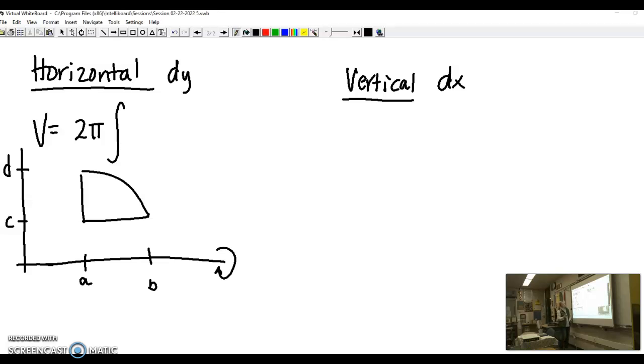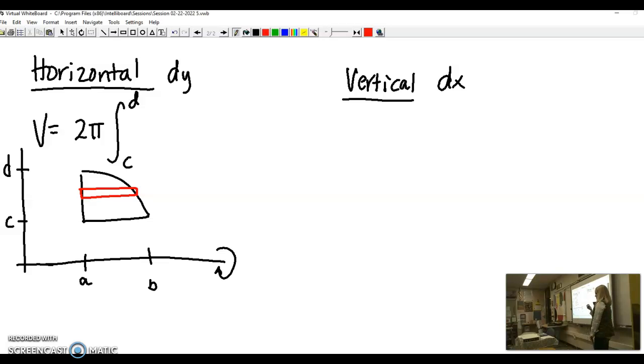On the horizontal axis, we have c to d. See how we're using a dy for a horizontal axis. Think of your shells as going this way. So the shells are actually parallel to the axis of rotation.